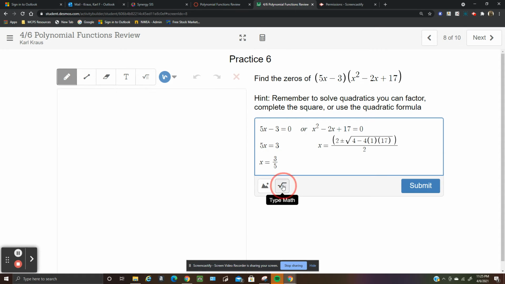And then I want to do the math under the radical here. Four minus 68, that's negative 64.